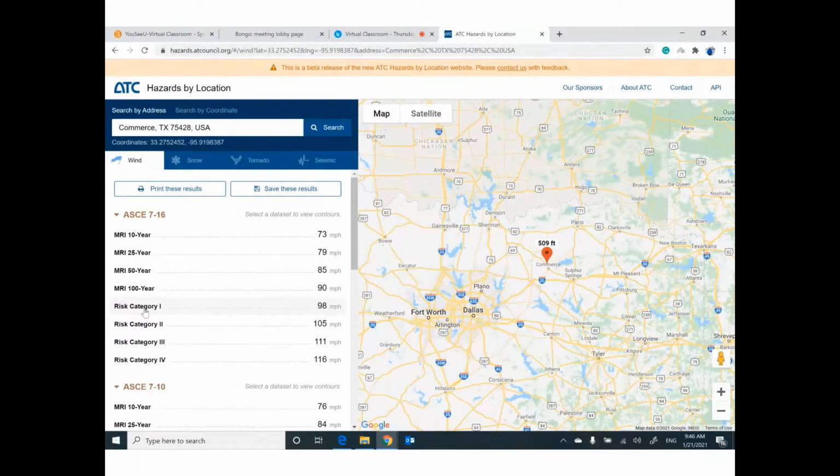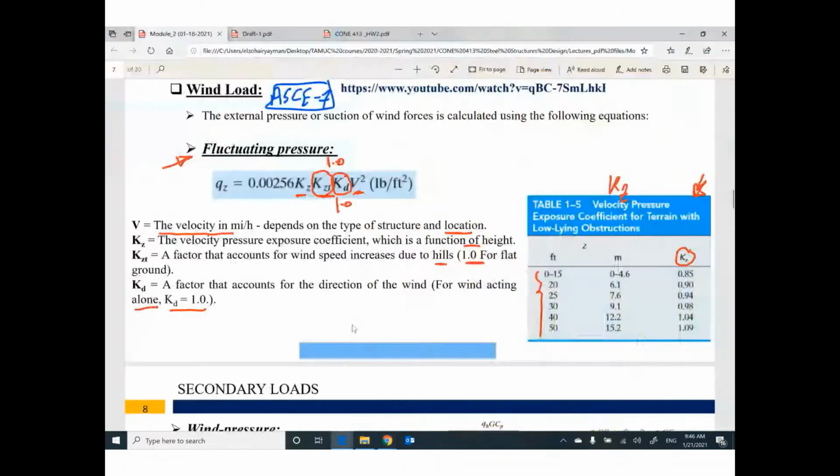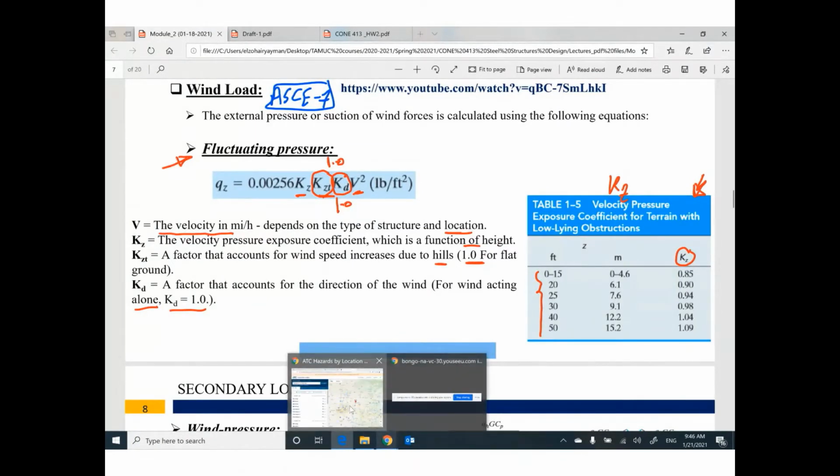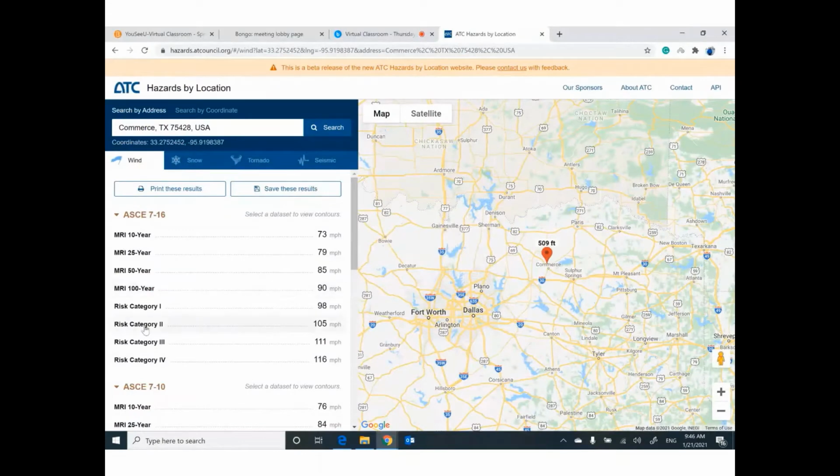Anyway, so I can figure out the velocity of the wind in miles per hour, which represents V. It depends on the type of the structure. The type of the structure can determine the risk category.